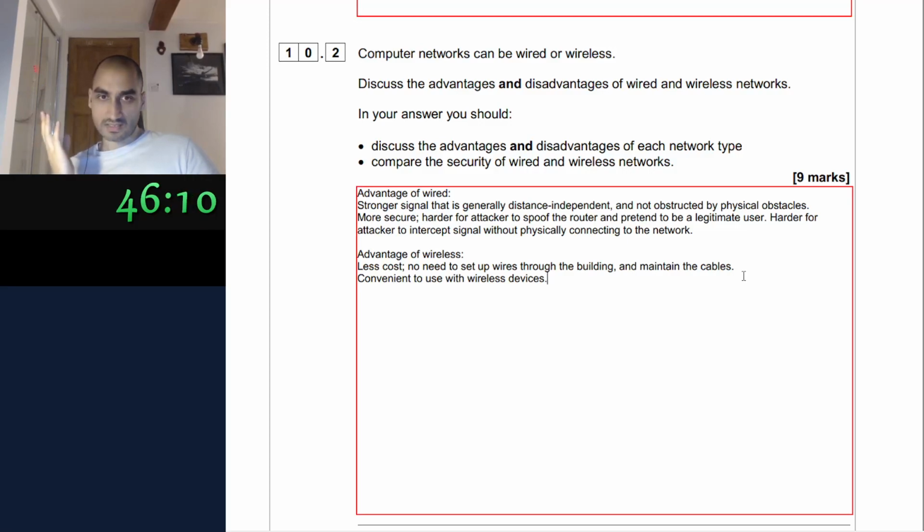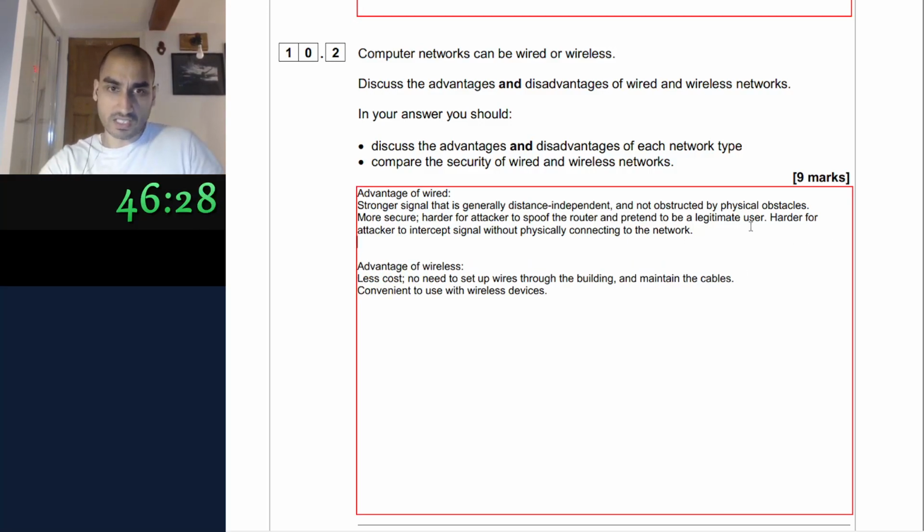Speed in theory is the same. It might be faster with wired, but that's mostly because of what's happening at the router. I don't know. You can't lose marks for saying this, can you? So let's just say it's faster.